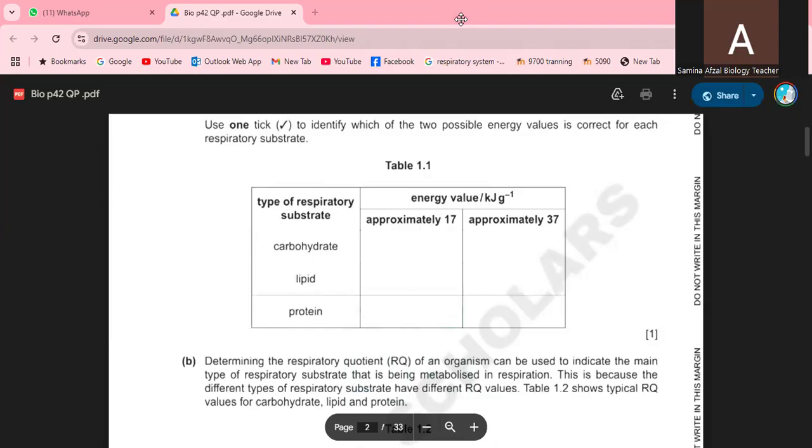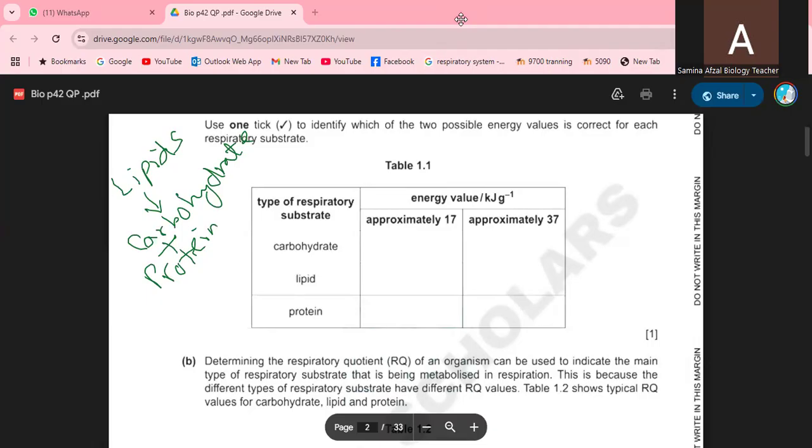So the difference in the energy values of substrates: you can see lipids, and then carbohydrates and proteins have nearly equal values. Proteins are a little bit more than the carbohydrates, but they have given us only two values, so we will go with them. So the difference in the energy values of substrates can be explained.